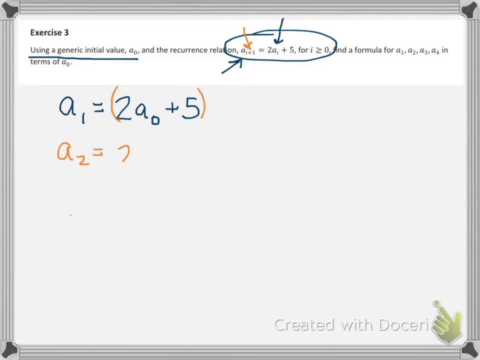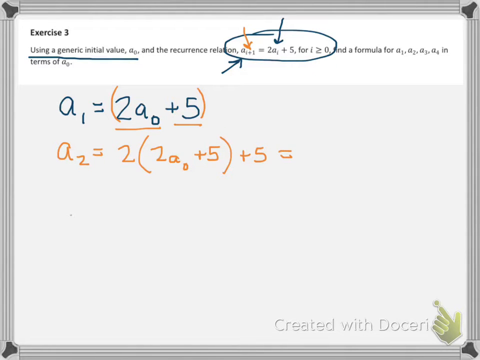So it's 2 times a sub 1, which is 2a sub 0 plus 5. Okay, and then one more thing. 2 times a sub 0 is this part. We still have to account for that plus 5, which is back here, so that's a plus 5.